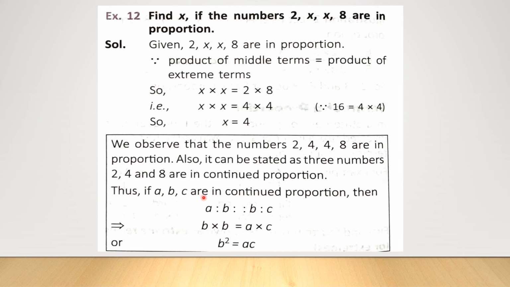Thus if A, B, C are in continued proportion, then A is to B is equal to B is to C. Or the product of means, B into B, is equal to the product of extremes, A into C. So B square is equal to AC.